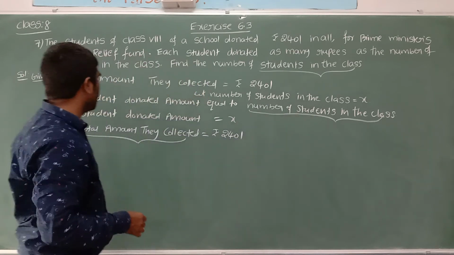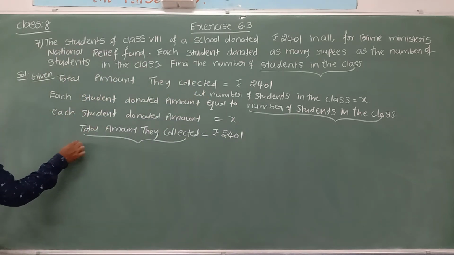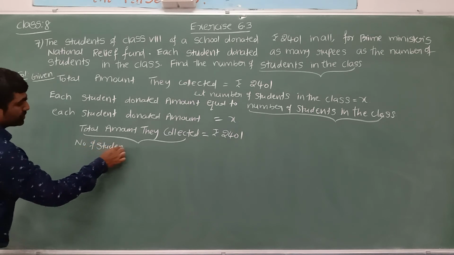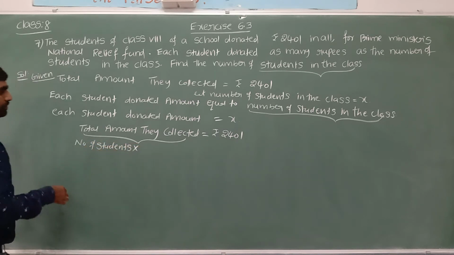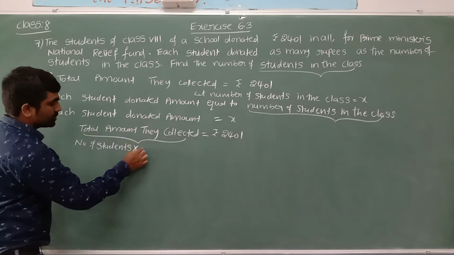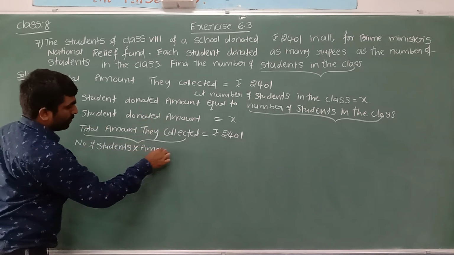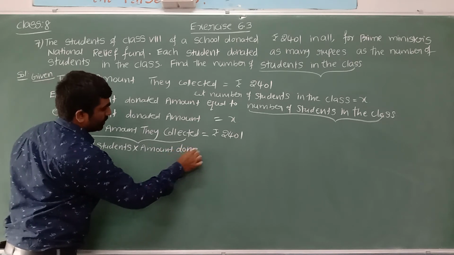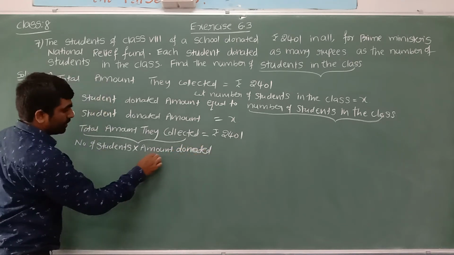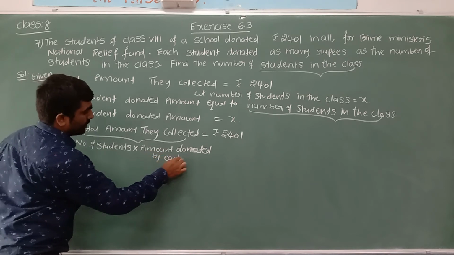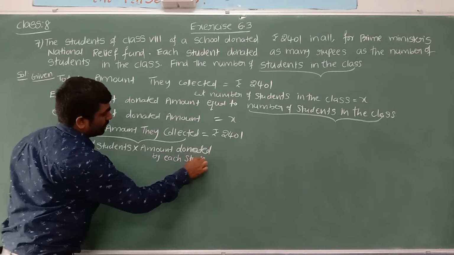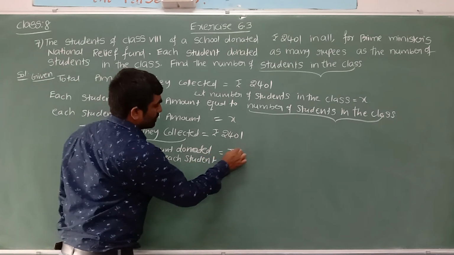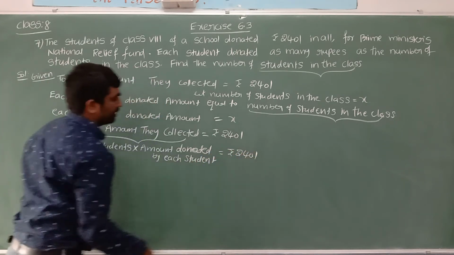Similarly, here also the total amount is nothing but we multiply how many students there are, number of students into the amount donated by each student. The product of this will give us the amount we collected, which is equal to rupees 2,401.